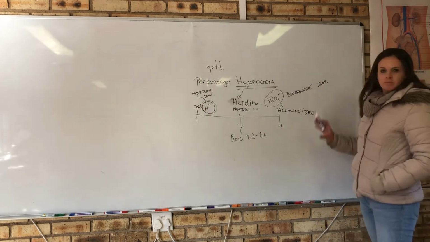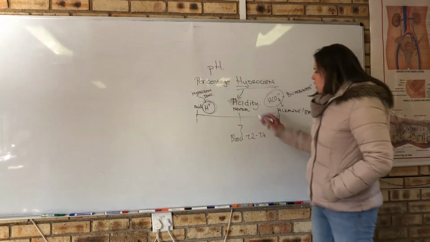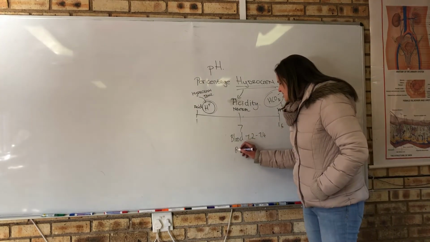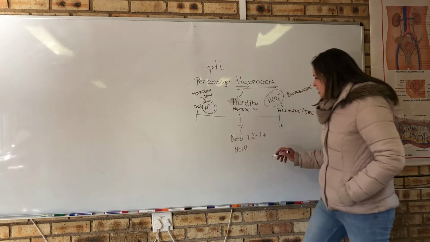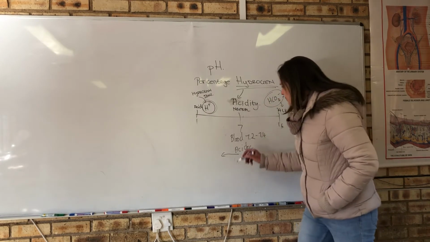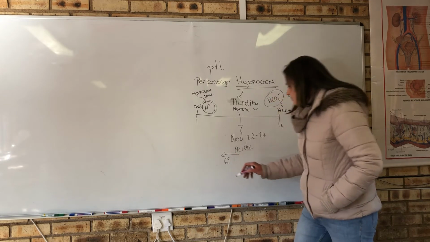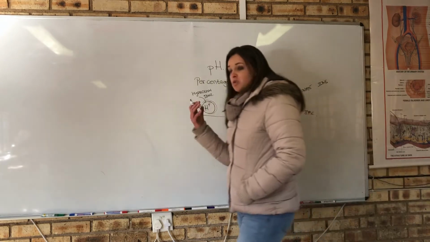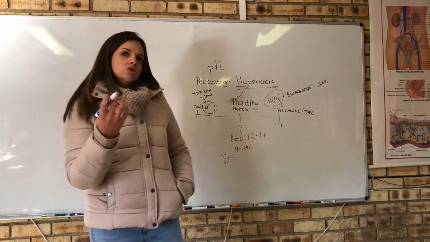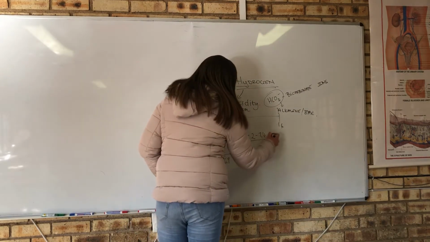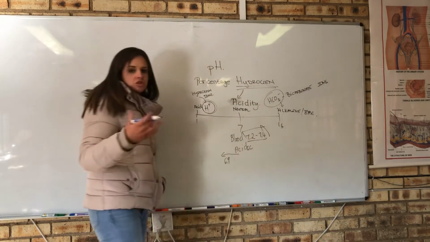What's going to happen if we change the pH of the blood and we make it more acidic? Let's say we push it to 6.9 pH, slightly more acidic. We can't have that happening. We need to regulate that pH, and balance it back to where it should be. This is called regulation of pH.